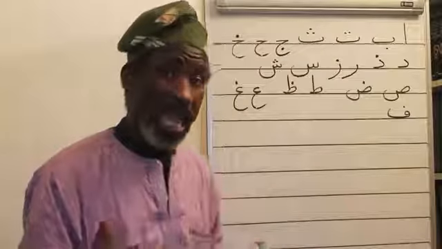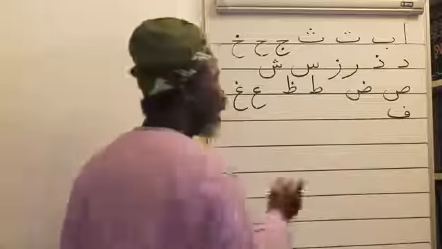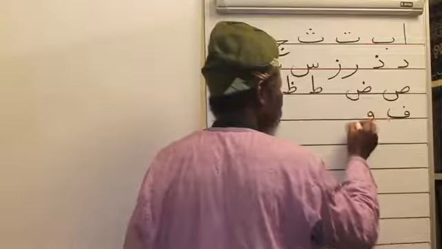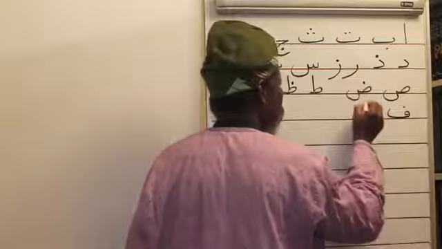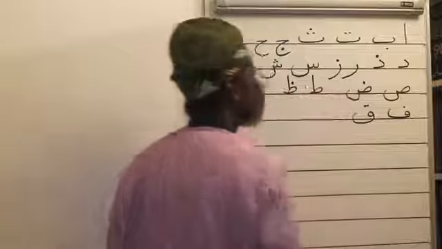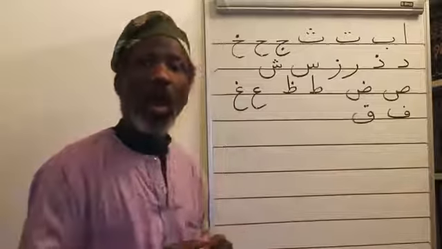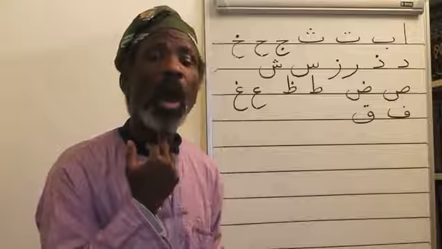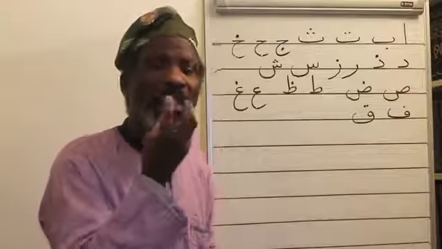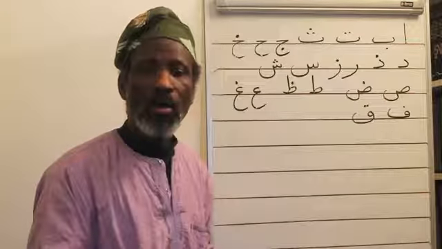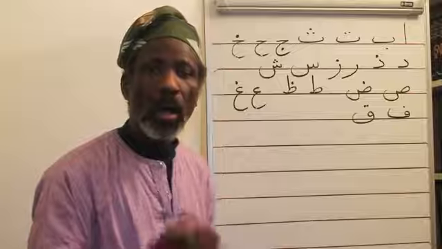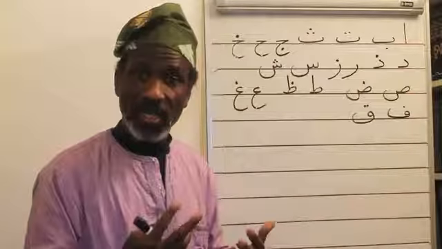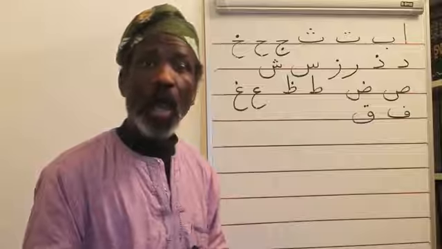Fa, like F-A. The next in the family, slightly deeper than the fa, so you have two dots on top of it, and that's qaf, like in coffee, coming back from the throat, with the mouth slightly open. Qaf. So fa, that's easy, and then qaf.